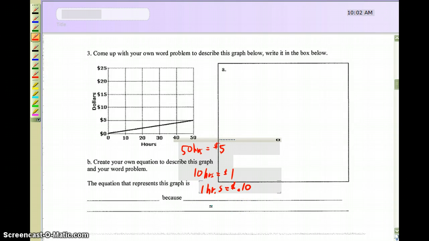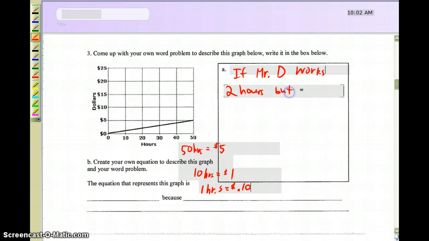So I'm really not getting very much here. I can use any of these 3 representations of the graph to write a word problem. So I can say, if Mr. D works 2 hours but gets paid $1 per 10 hours.